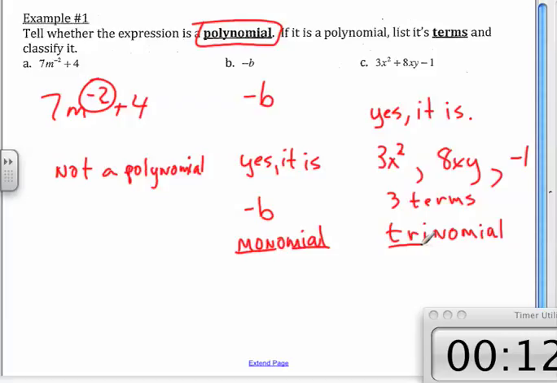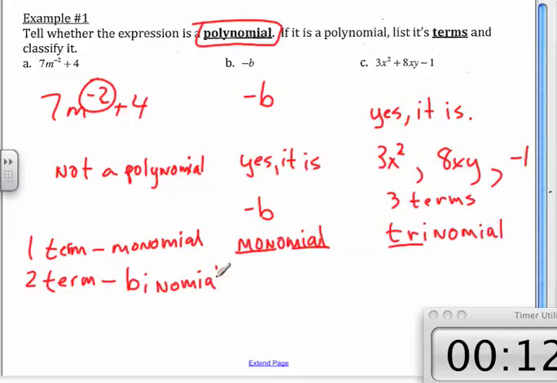Now, I want you to think about this for a moment. All of these polynomials, if a polynomial has one term, it's called a monomial. Okay? One term, we call it a monomial. All right? That's good. What do you think we might call it if it has 2 terms? What do you think we might call it, those of you who have taken any English courses? Arjun? A binomial. Okay?